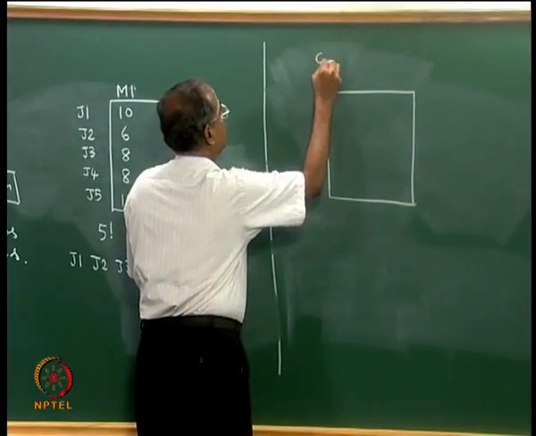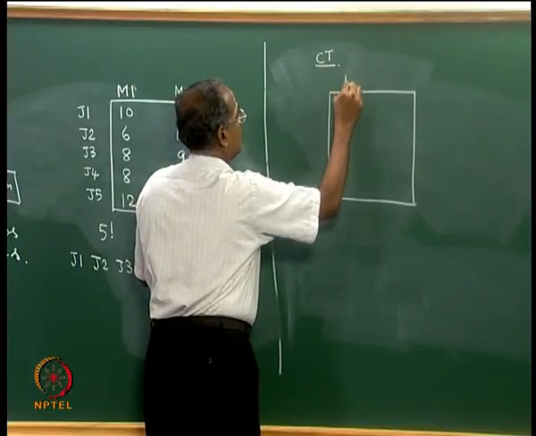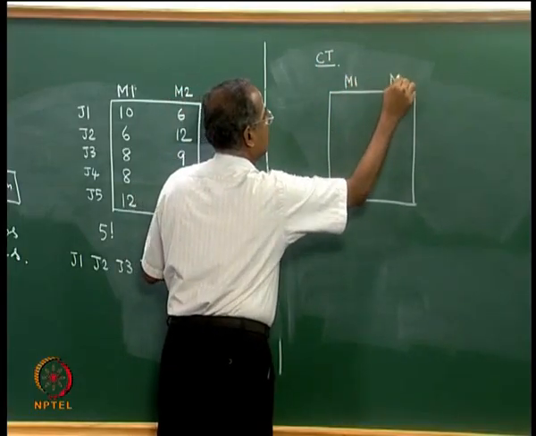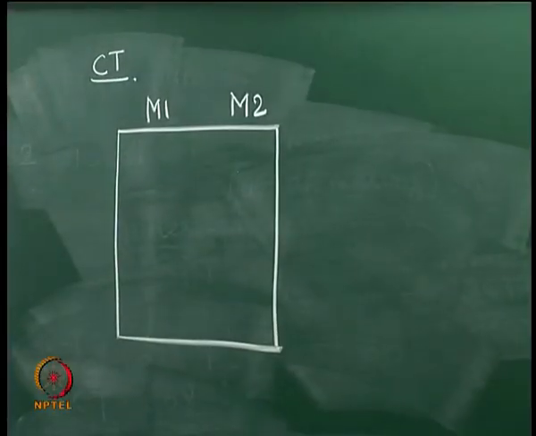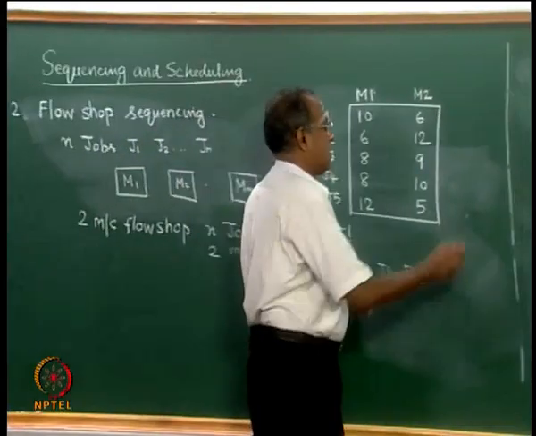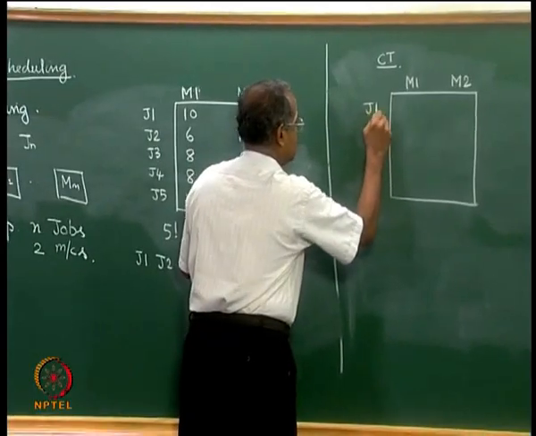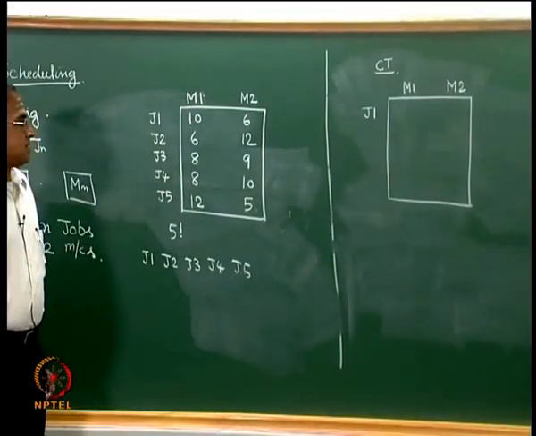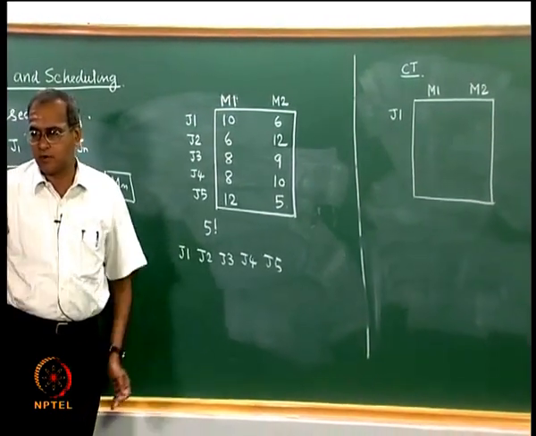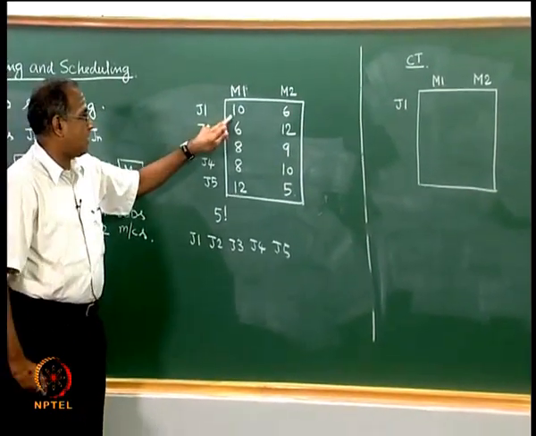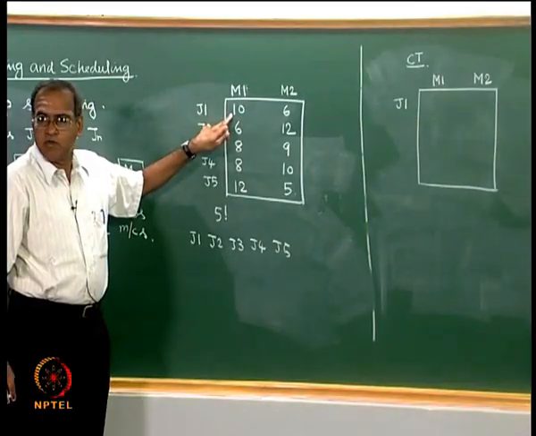Now, these are completion times on machines M1 and M2. So, we first send job J1. So, job J1 goes first. Both the machines are free and they are available at time equal to 0. J1 requires 10 units of time on M1.